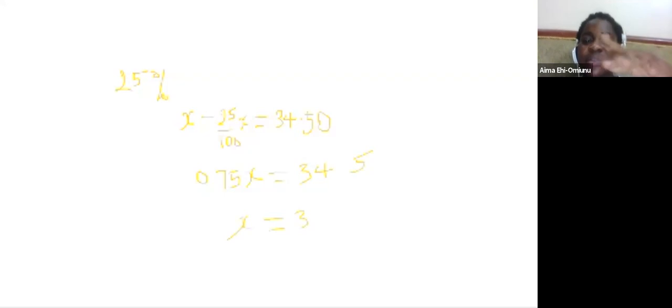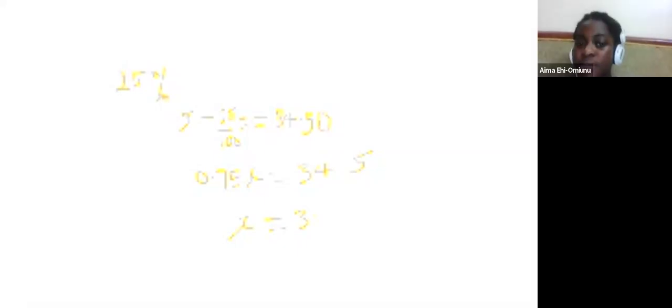Mr. Odafe, please, I have a question before you continue. Okay, what's your question? So this formula, x minus 25 over 100 is equal to 34.50, as in $34.50.